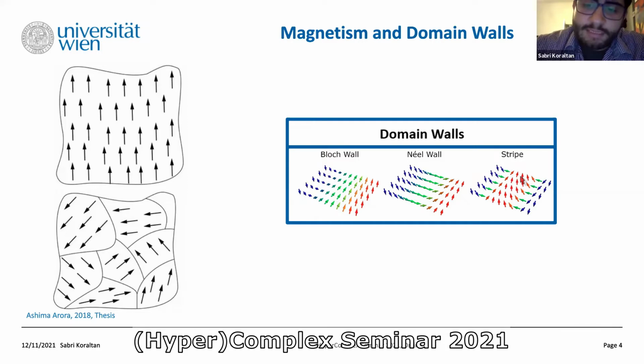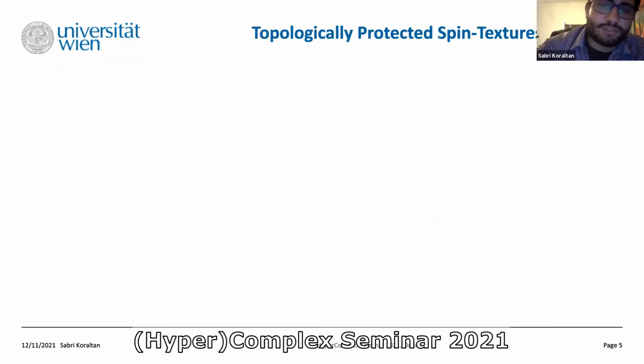What happens is that we have a very thin region where the magnetic moments are pointing up, and then over two domain walls, we reach again the negatively polarized state. And these three types of transitions between the magnetization directions are going to be very important in understanding the topologically protected spin textures.